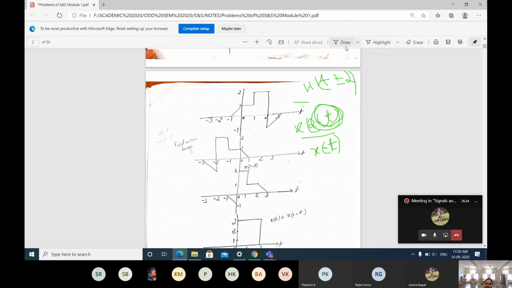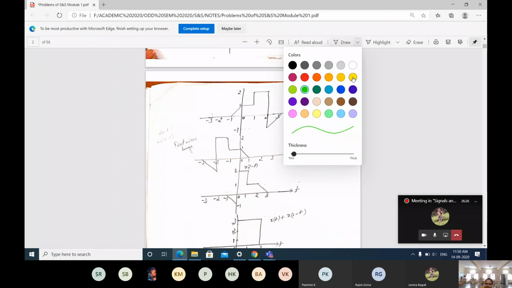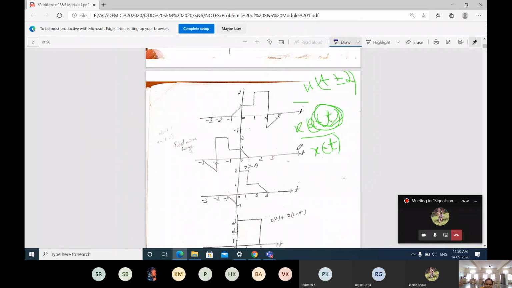So I will be getting here this x of t, the mirror image, meaning the positive values are going to be negative values and negative values are going to be positive values. Just take this and mirror it. This minus value is going to be positive.